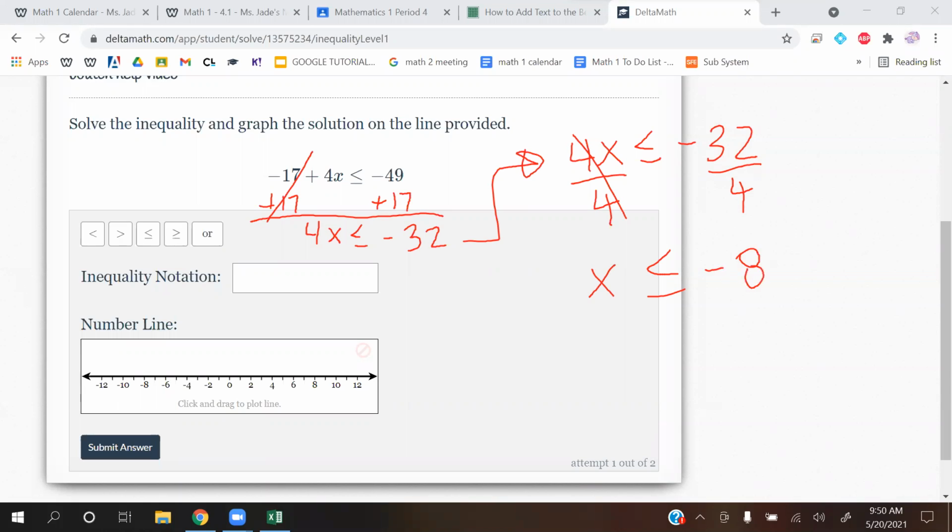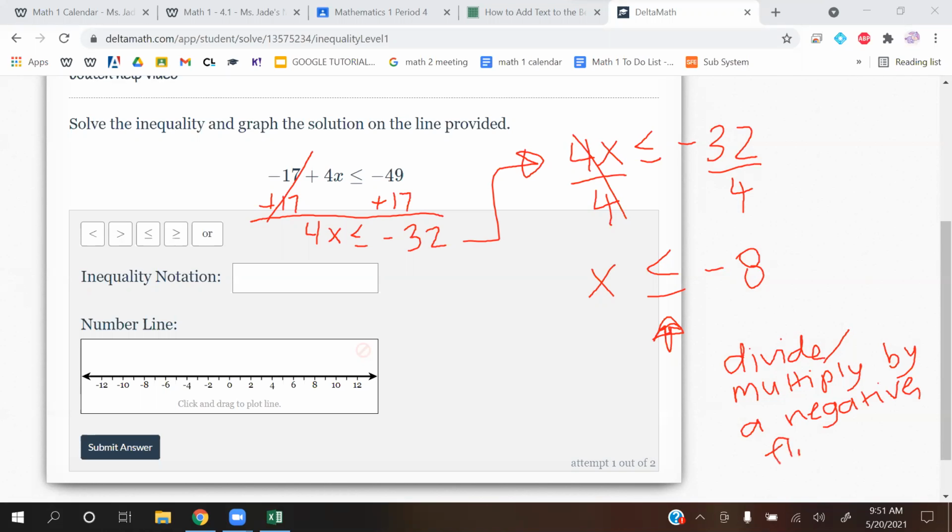So when you divide or multiply by a positive number, you keep your sign the same. But it might be the case that you have to divide or multiply by a negative number. So I'm just going to remind you that if you divide or multiply by a negative, flip the sign.